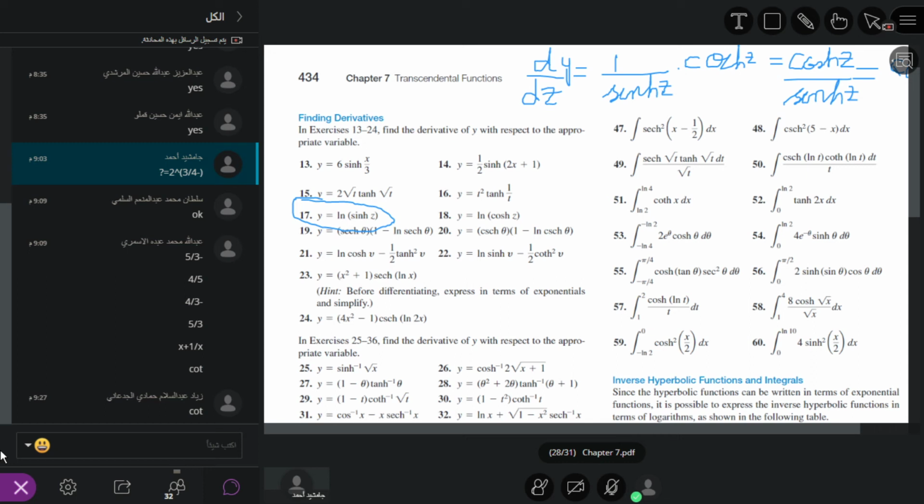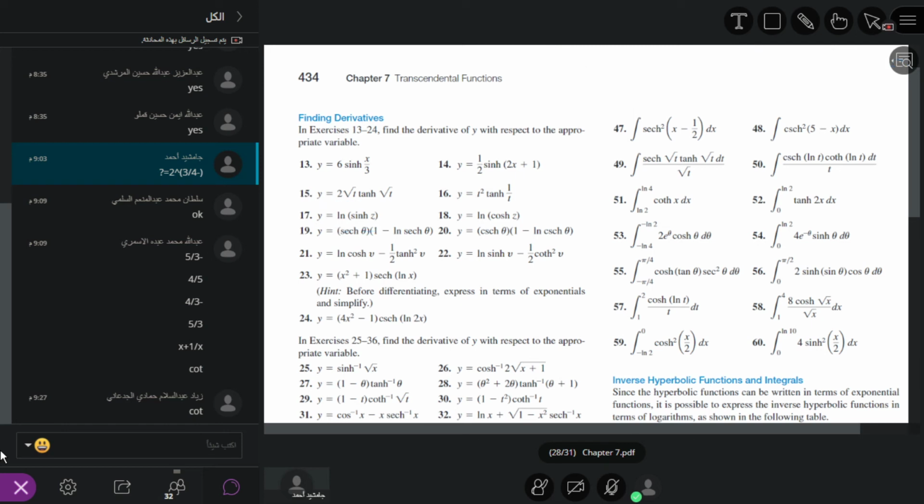So here 1 over sine hyperbolic z dot derivative of sine hyperbolic z, which is equal to cosine hyperbolic z. Thus we get cosine hyperbolic z over sine hyperbolic z, which is equal to cotangent hyperbolic z. This is the answer.